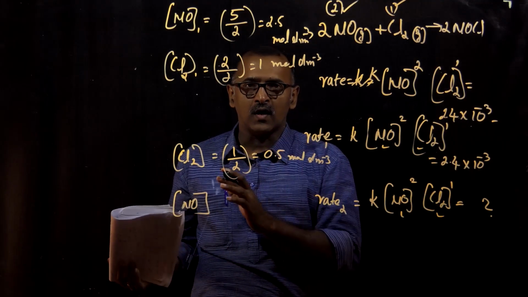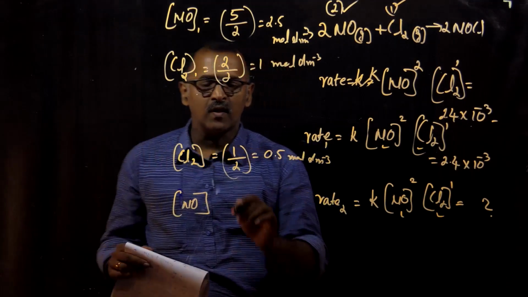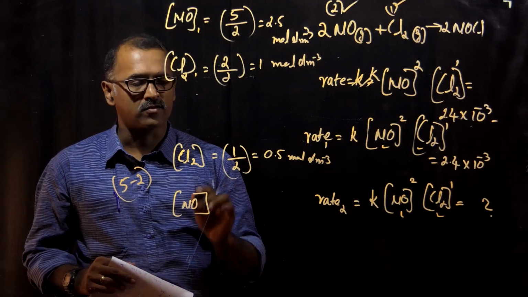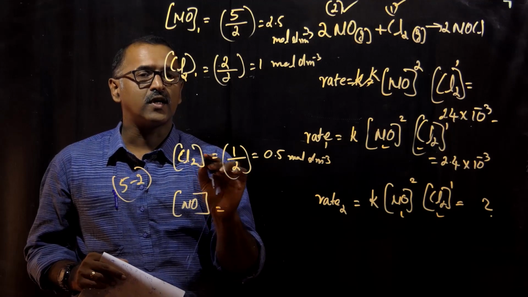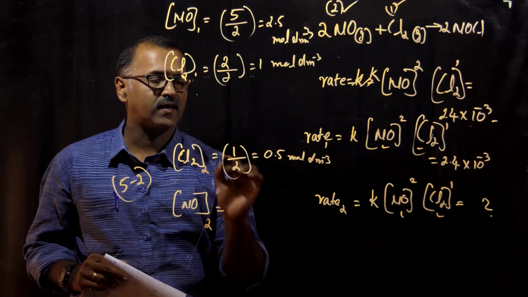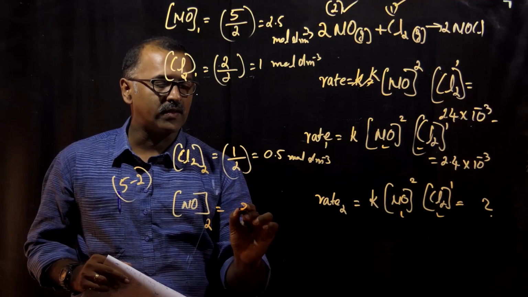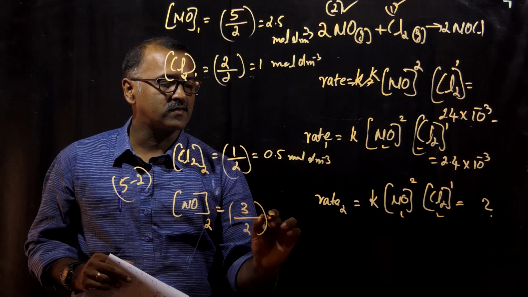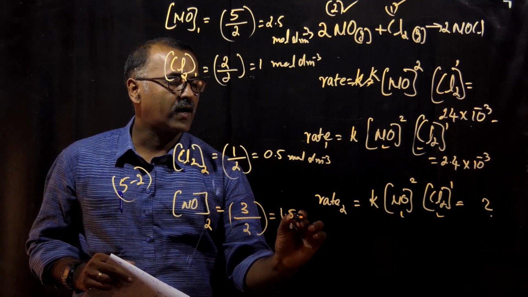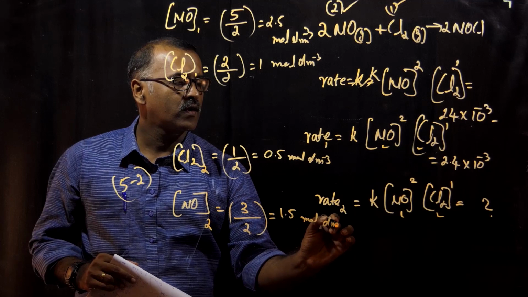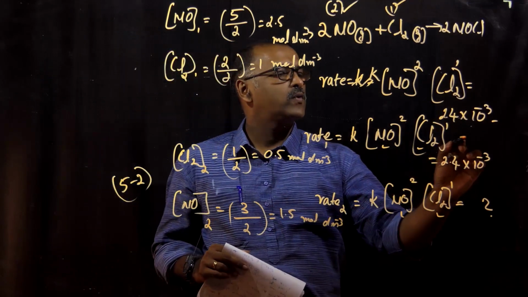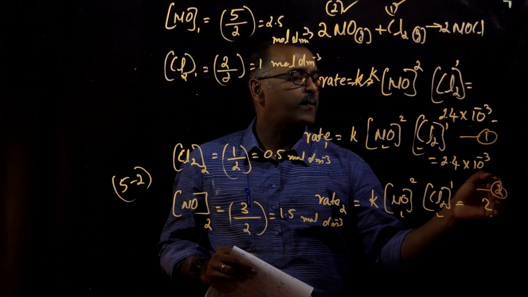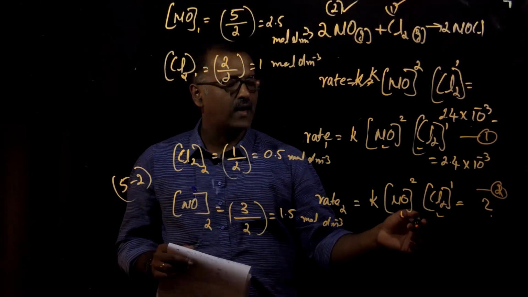The remaining amount will be 5 minus 2, which will be 3. 3 moles divided by 2, which is equal to 1.5 mol dm minus 3. Now what we have to do is either you divide 1 by 2, or you can divide 2 by 1.